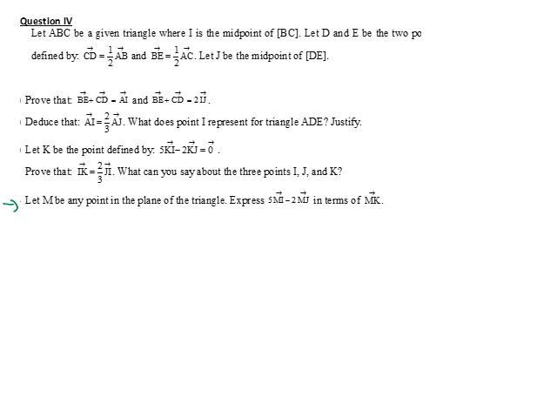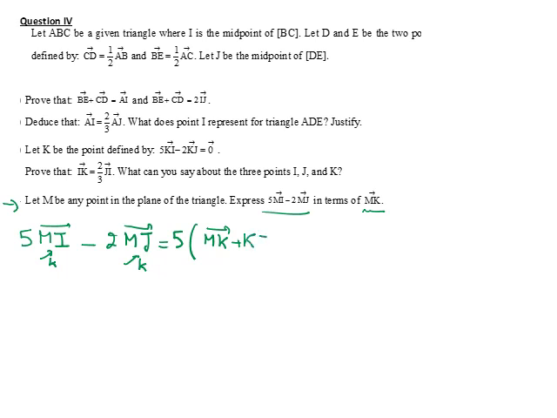Now, let M be any point in the plane of the triangle. Express 5MI minus 2MJ in terms of MK. 5MI minus 2MJ equals 5 times MK plus KI, minus 2 times MK plus KJ.